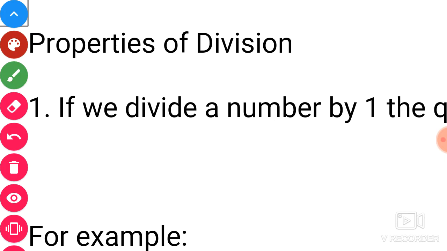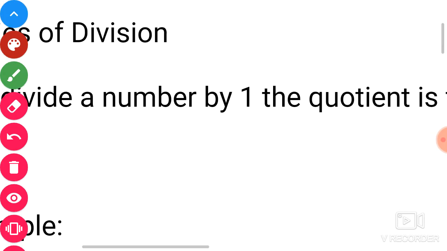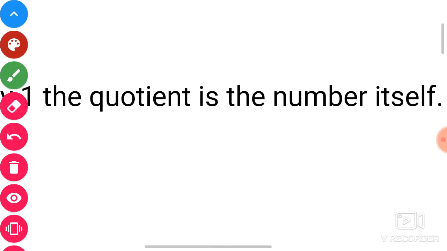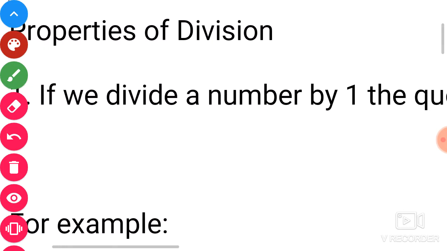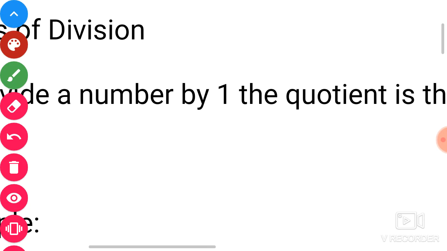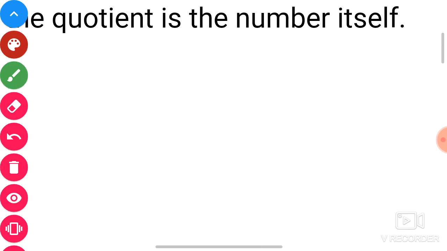So the first property of division states that if we divide a number by 1, the quotient is the number itself.